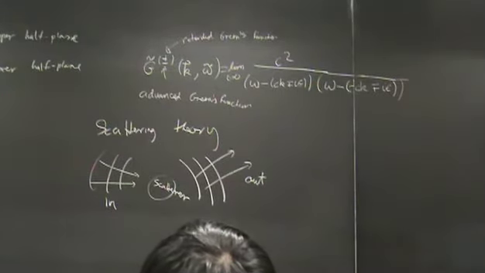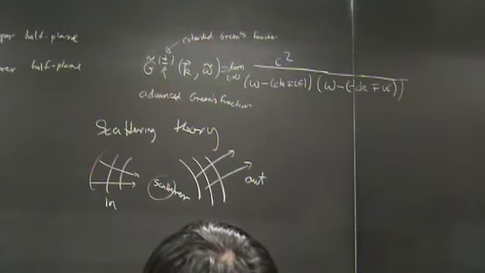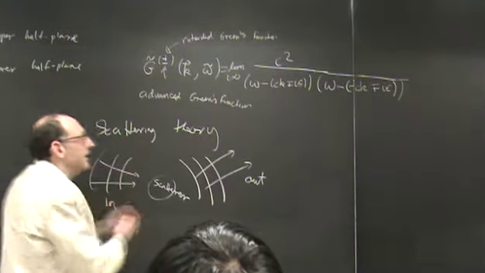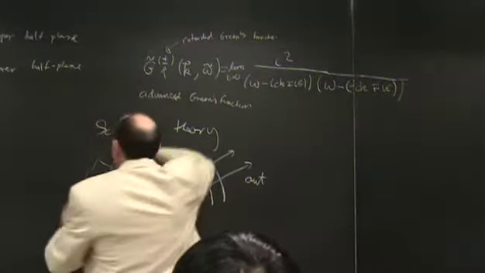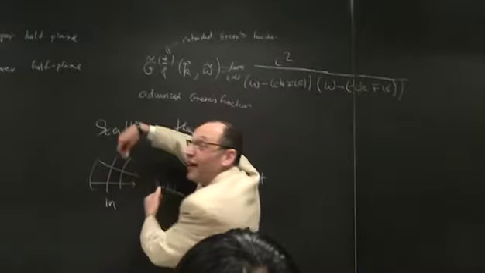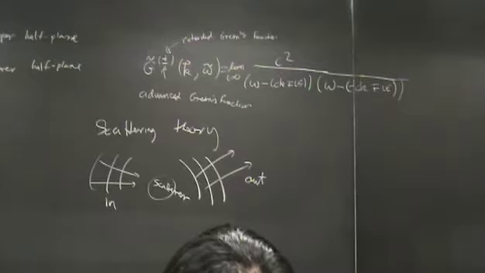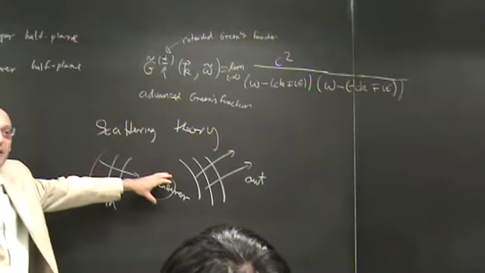And if I want to say I know in the past the wave was something and it's coming in, then really that problem is a time-reversed problem. It's really the advanced Green's function that tells me how that would have happened.